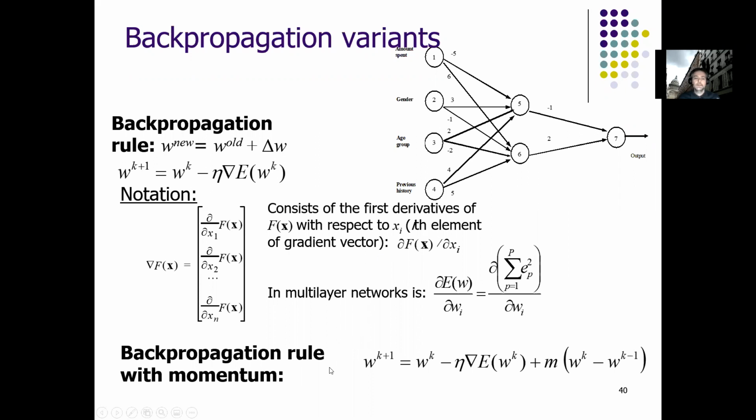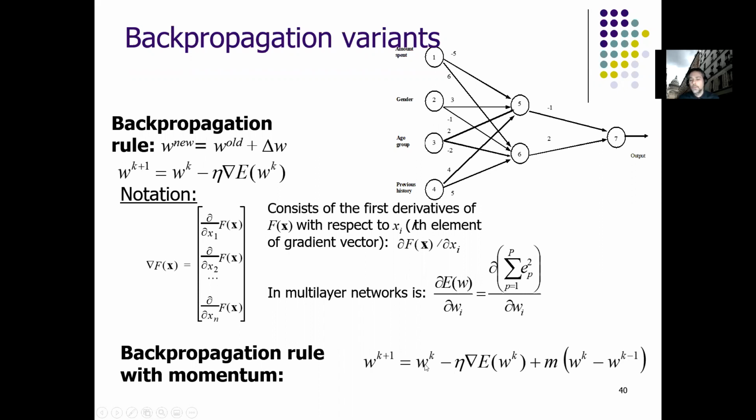From the 80s, in the same work, Rumelhart proposed a rule which is called backpropagation with momentum. It's given by this equation. It uses an extra term. It's called the momentum term. And the momentum term m is multiplied with the difference of the weights.